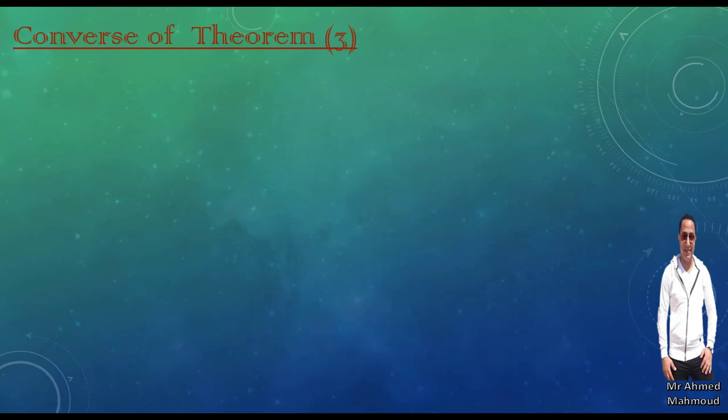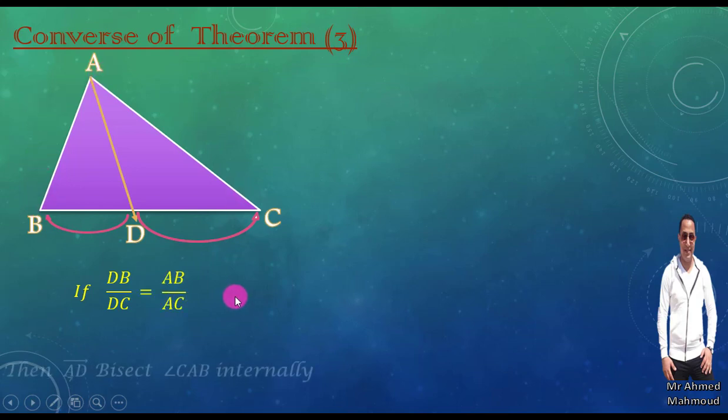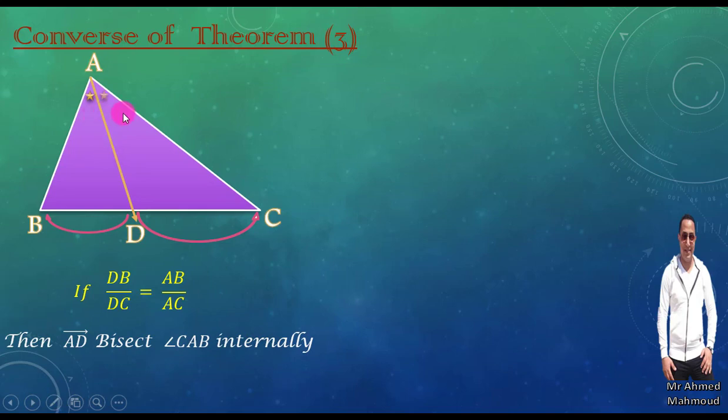First, we are going to start with the converse of theorem 3. If we have a triangle ABC and a ray from A, for example AD, and the ratio BD over DC equals the ratio BA over AC, then AD bisects angle A. Again, if BD over DC equals BA over AC, then AD is the bisector of the angle.